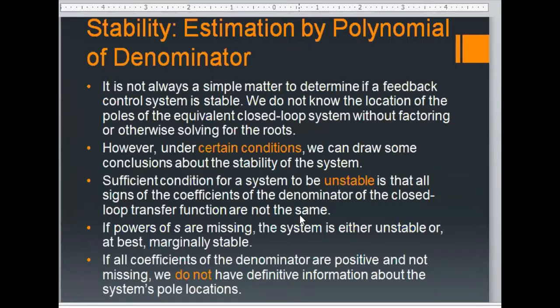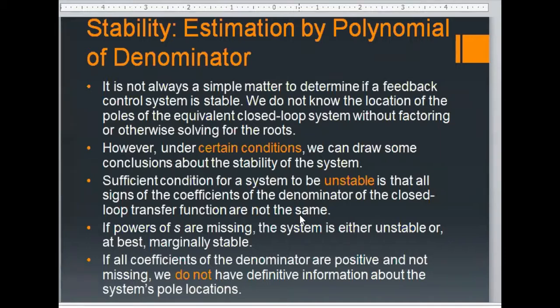If any power of s is missing, it means your system is either unstable or marginally stable. It is an indication that your system would not be stable; it may be unstable or at most marginally stable.